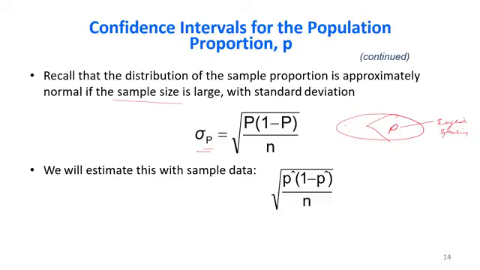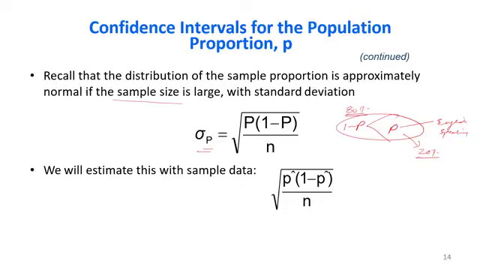What would be this other proportion? This would be 1 minus P. So if in any population the English speaking people are, let's suppose, 20%, then non-English speaking people would be 100 minus 20, which is 80%.